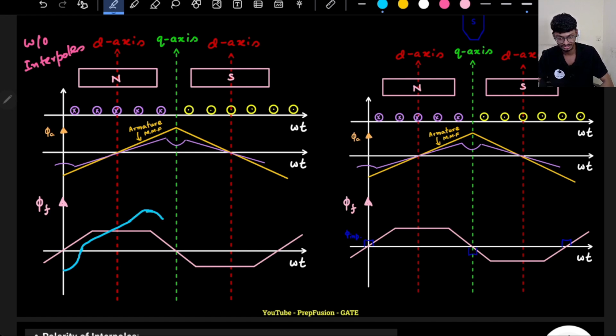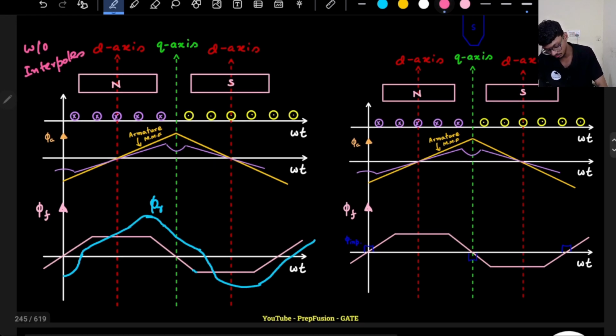The zero crossing also got shifted to be more negative. Something like this. So this was the resultant flux without interpoles.